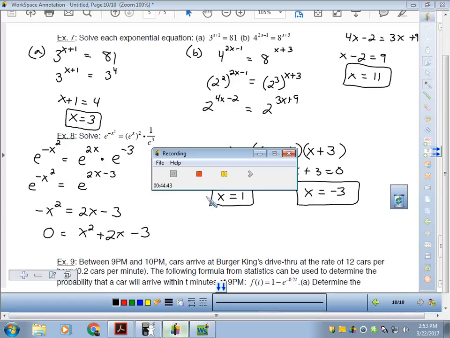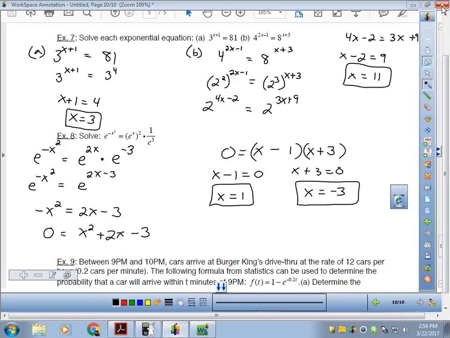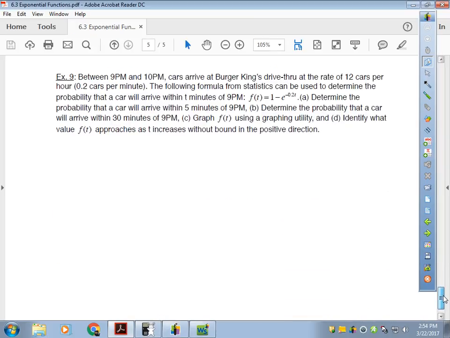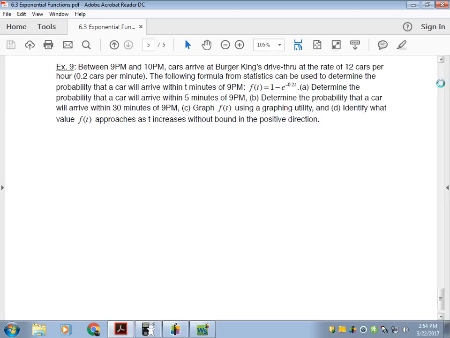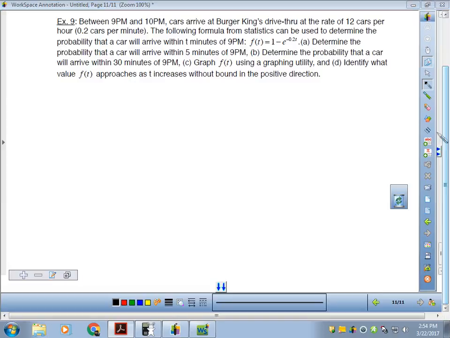Okay, one last example, and then we are done for today. So our last one is a word problem. It says, between 9 p.m. and 10 p.m., cars arrive at Burger King's drive-thru at the rate of 12 cars per hour, which is 0.2 cars per minute.